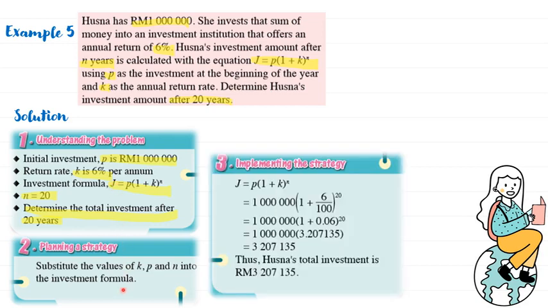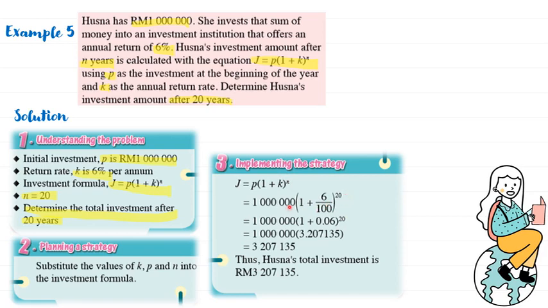So implement the strategy. J is equal to P in brackets 1 plus K to the power of n. P is the initial investment 1 million, in brackets 1 plus K is 6%, which is 6 over 100, and n is the total investment years, 20.